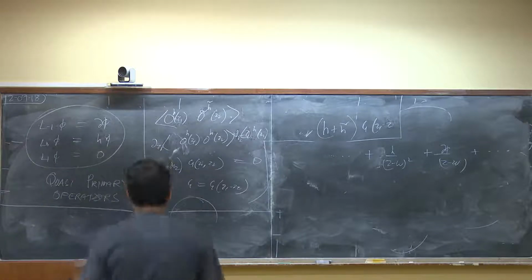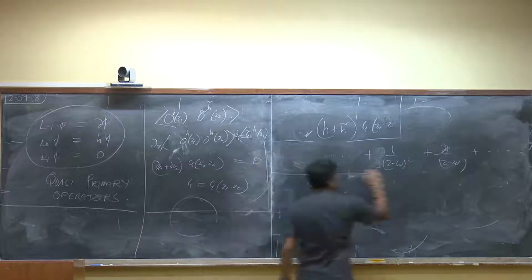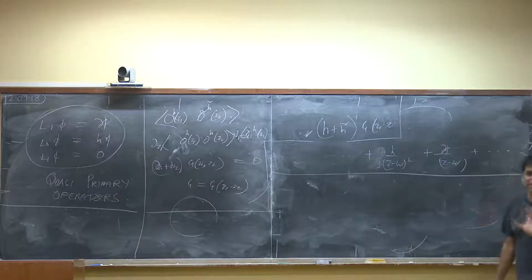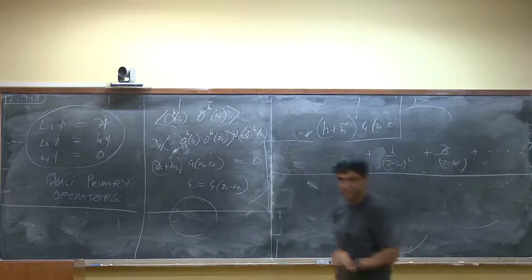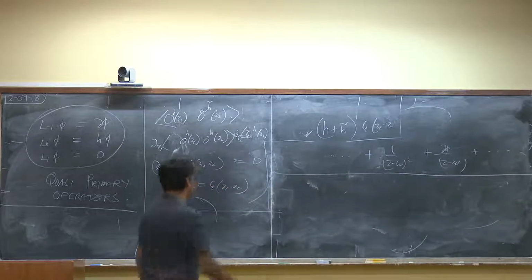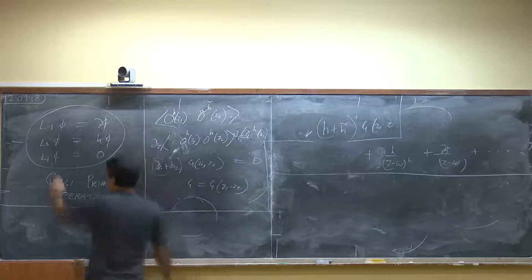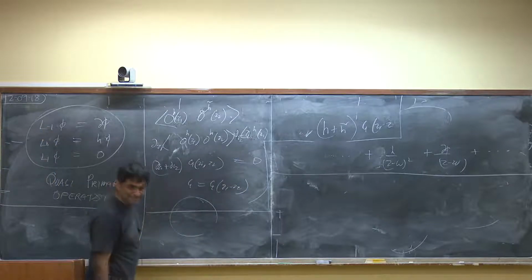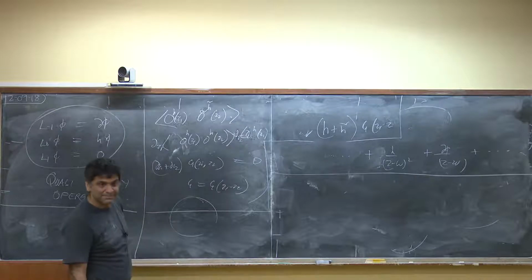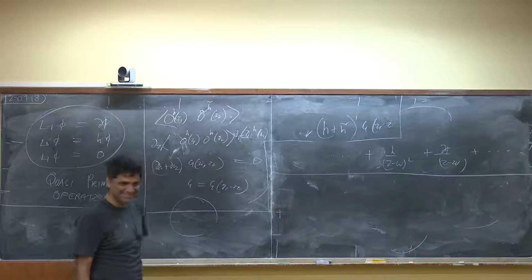Now we will carefully see what the transformation of a quasi-primary operator at a non-zero point is. Under L0, L minus 1, actually we didn't write it. You'll see why. You could use Baker-Campbell-Hausdorff stuff, but let's do it by contours.